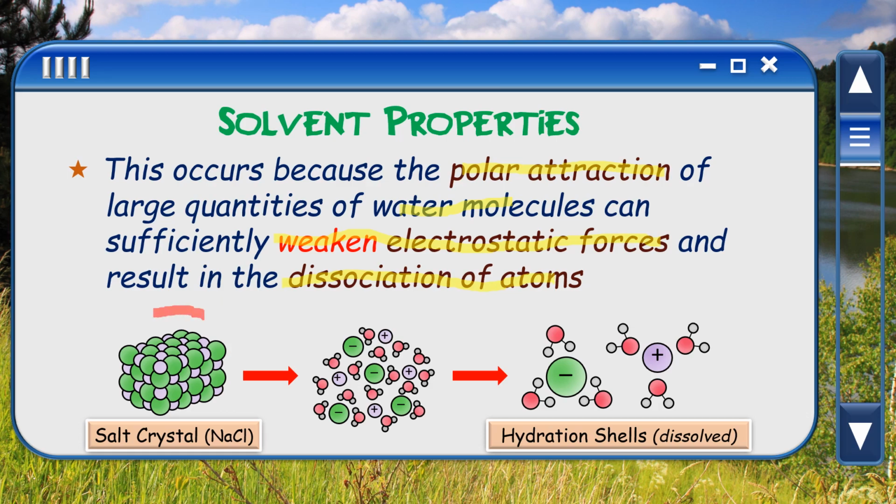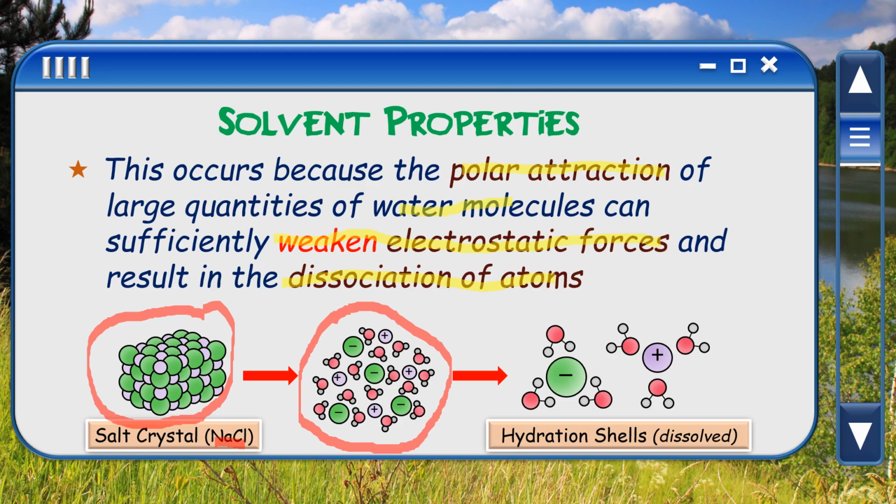Our sodium chloride has an electrostatic force between the chloride and the sodium ions. But the polar attraction of the large volume of water molecules is strong enough to break that electrostatic force between chloride and sodium.